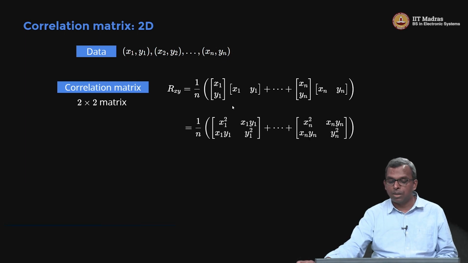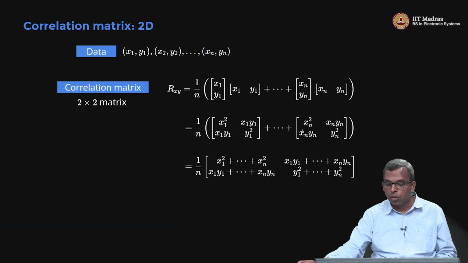So now let me just go through this computation and see where I end up. If you do the actual multiplication, you are going to get x1 squared, y1 squared on the diagonal and x1 y1 on the off diagonal element. The same thing you will get for every entry, xn squared, yn squared, xn yn. And now I have to add it up. So I see that my correlation matrix has this behavior, and it's very simple.